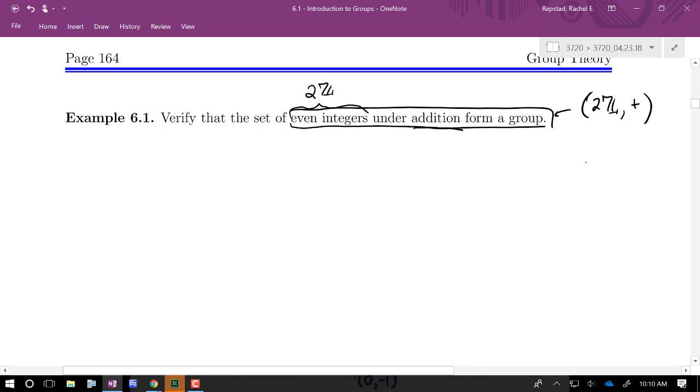When we write about a group, it's important that we say not just what the set is, but also what the operation is. So to verify this is a group, we're just going to check those axioms in the definition. Is it closed? Well, if I take an even integer plus an even integer, what do we get?